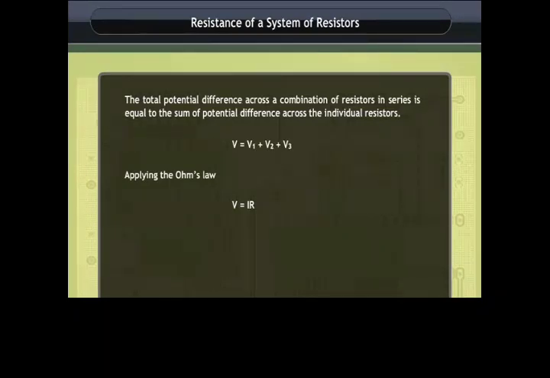On applying Ohm's law to the three resistors separately, V = V1 + V2 + V3, so IR = IR1 + IR2 + IR3, or Rs = R1 + R2 + R3. So we can conclude that when several resistors are joined in series, the resistance of the combination Rs equals the sum of the individual resistances R1, R2, R3, and thus is greater than any individual resistance.